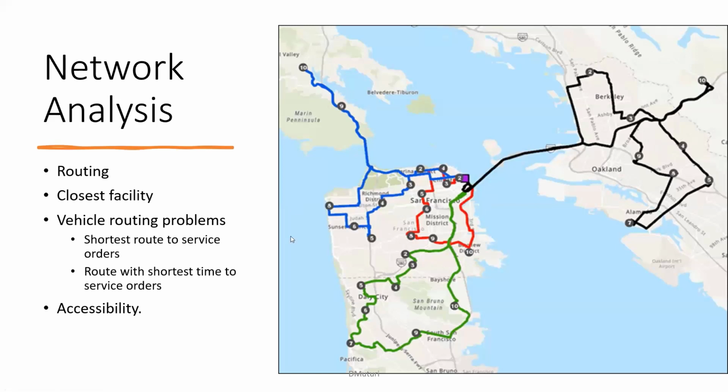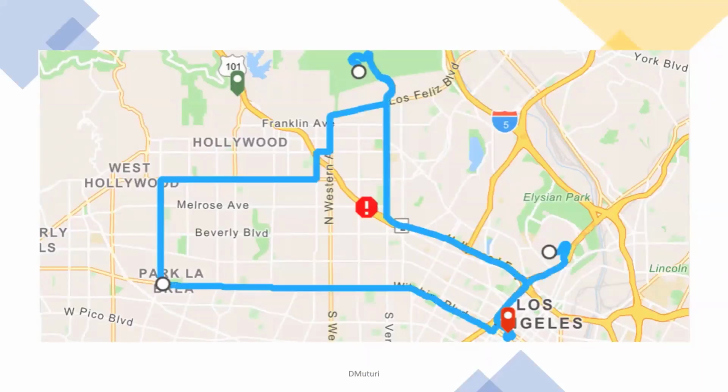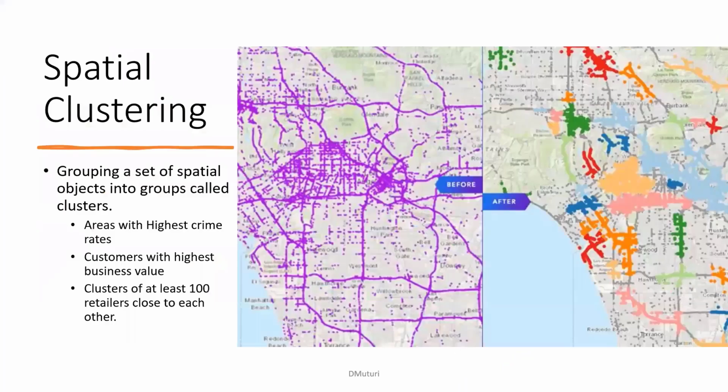Lastly, so this is an example of spatial analysis, network analysis. Lastly is spatial clustering.